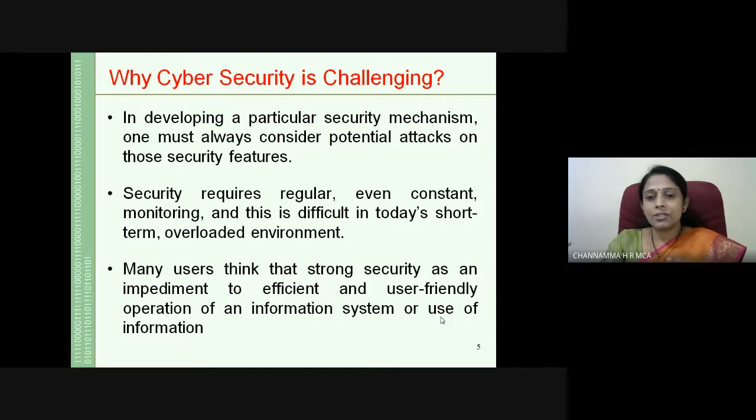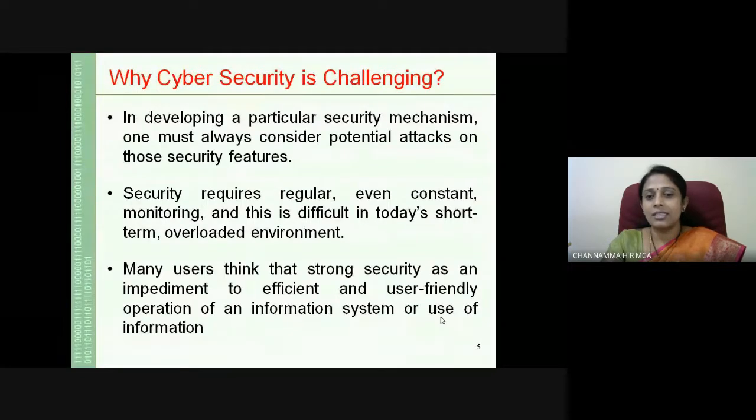We should be aware of antivirus software, all the error messages, pop-up messages and security settings, and we should not ignore them. Everybody thinks security is an extra step that slows down our efficiency and the speed of work, so they always skip that step and go directly into their work.